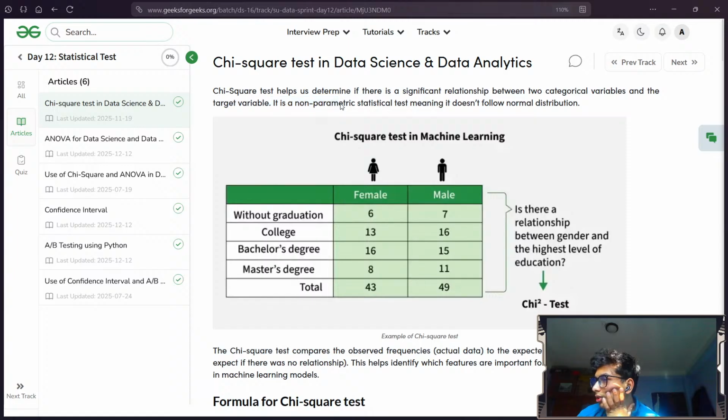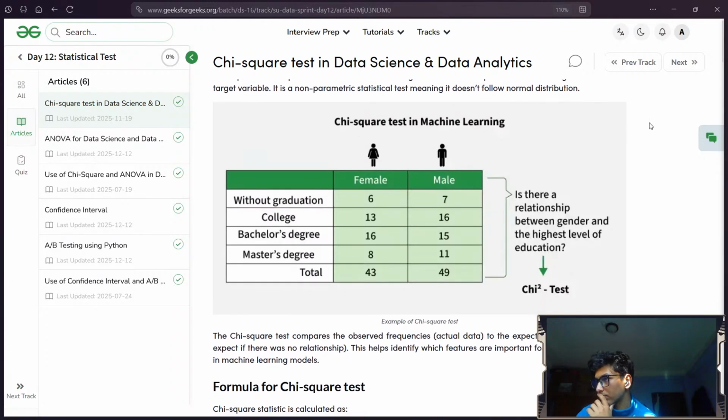It is a non-parametric statistical test, meaning it doesn't follow normal distribution.